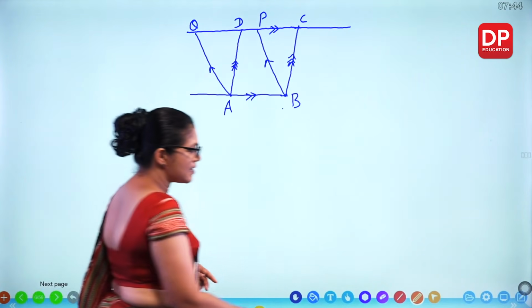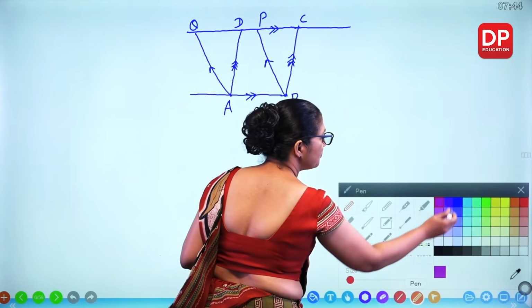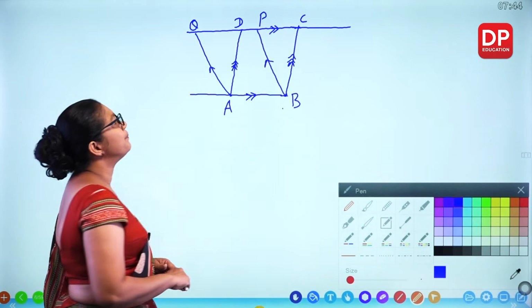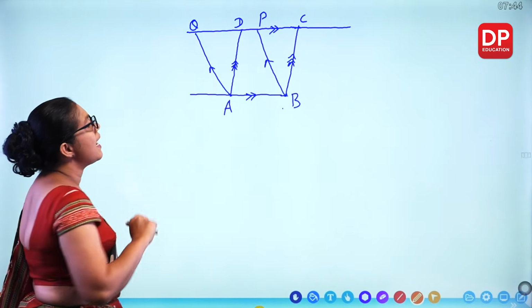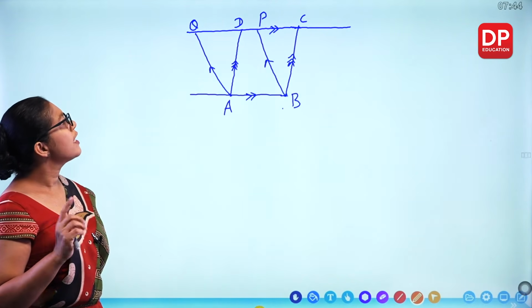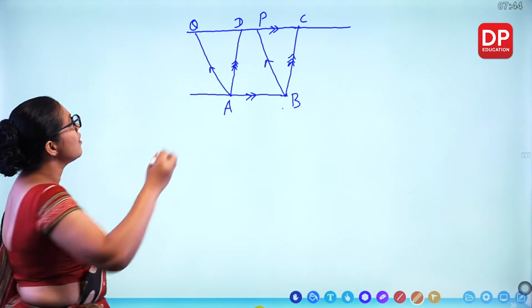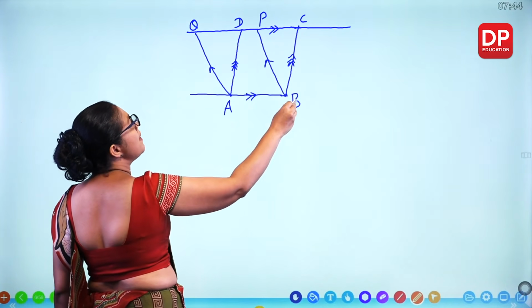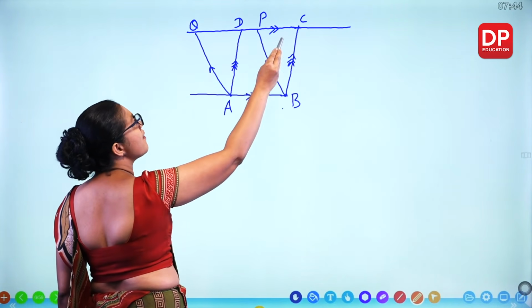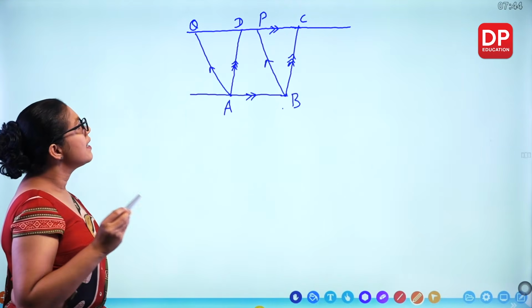Now we'll look at this diagram. What we can see when we look at this diagram is AB line parallel to QC. And also here AQ parallel to PB, AD parallel to BC.